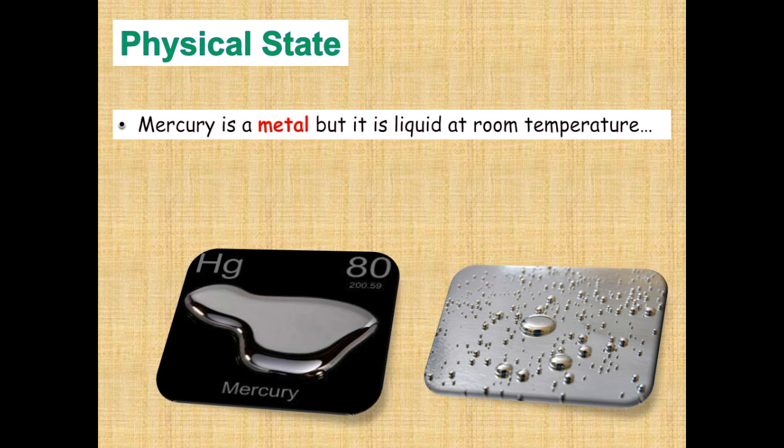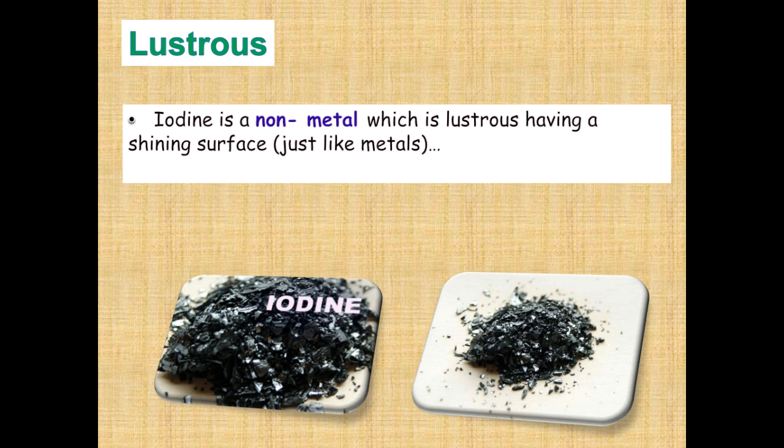But sometimes the properties of metals and non-metals behave differently in exceptional cases. Some examples: when we discuss physical state, mercury is a metal, but it is liquid at room temperature. That is why we generally use it in thermometers and other areas to measure temperature.